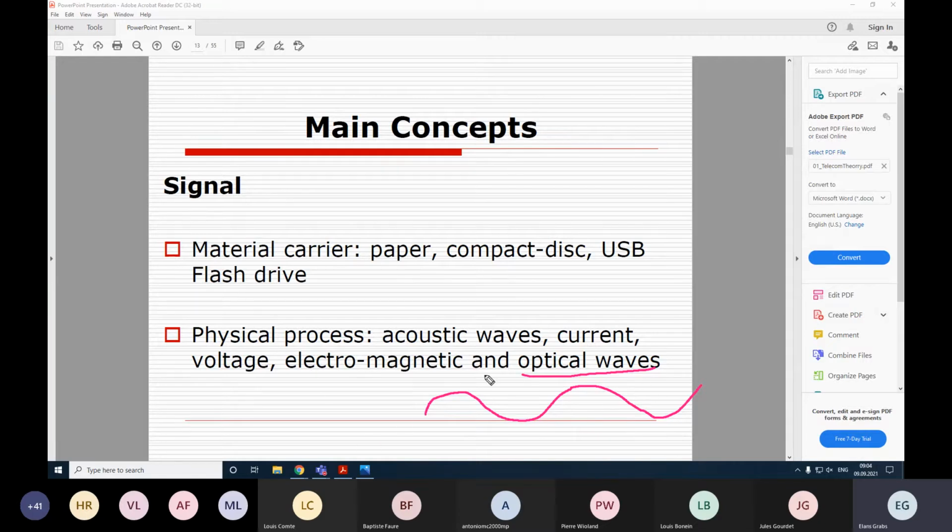Similarly, we can use electromagnetic waves. As for material carriers, this can be paper, or advanced technological devices such as hard drives, USB drives, and so on. We'll talk more about physical processes, specifically electromagnetic waves and voltage or current signals, not so much maybe about acoustic waves. This will be the signal which we use to transmit information.